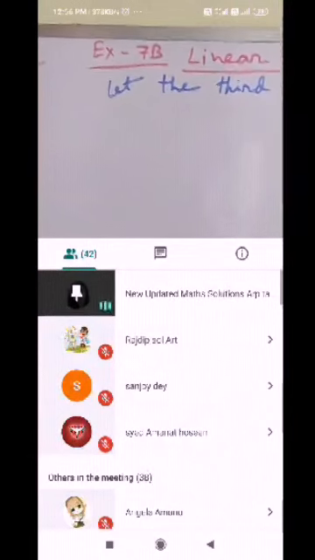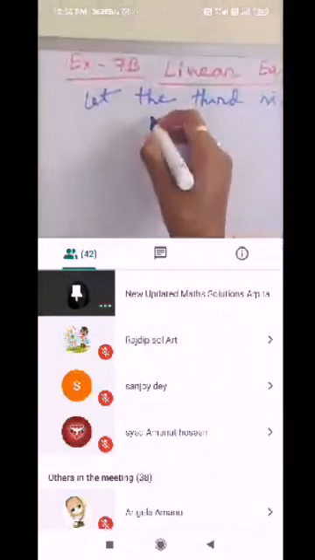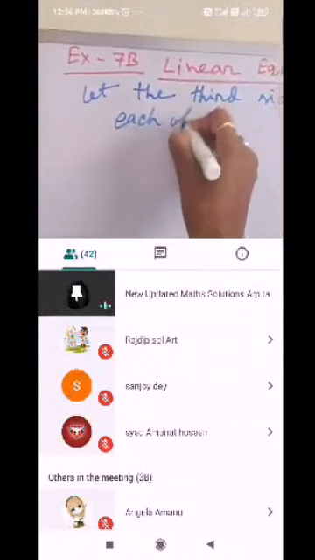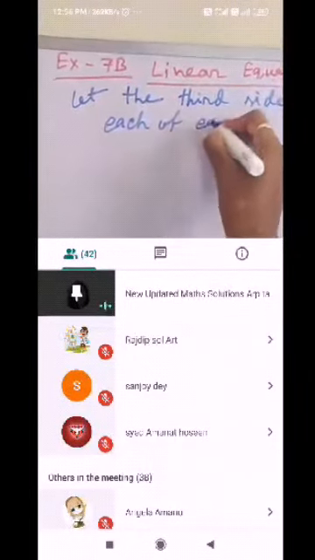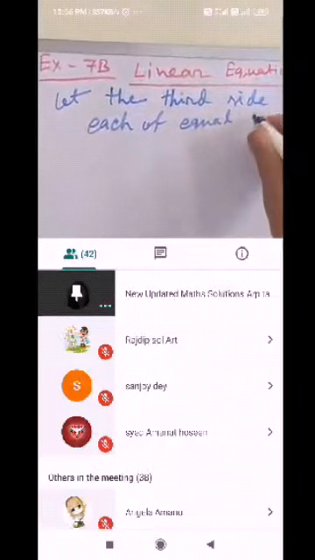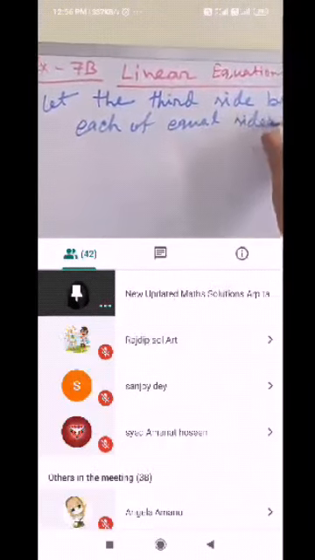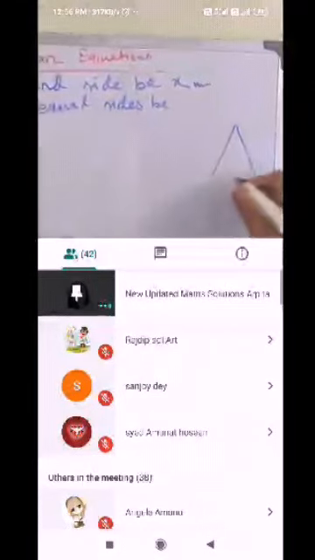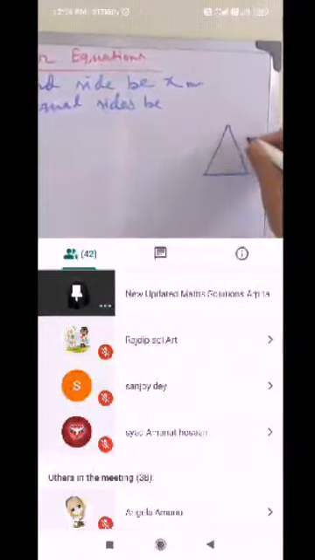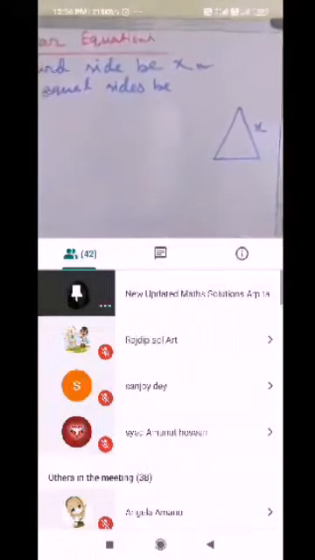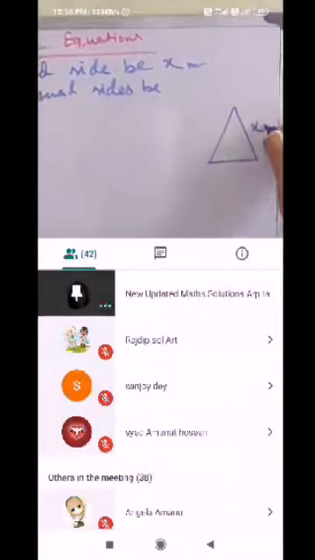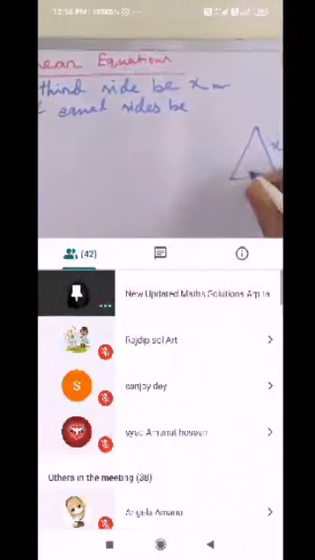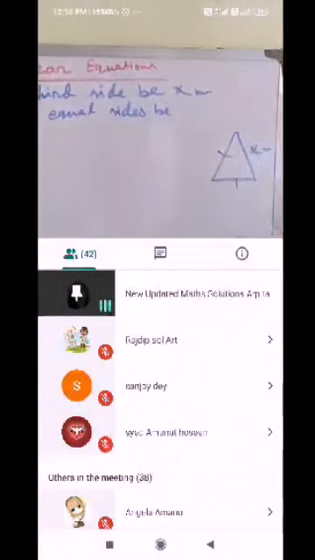Other two sides are each of equal sides. Suppose this is a triangle. One side is x. Other two sides are equal. That is given.